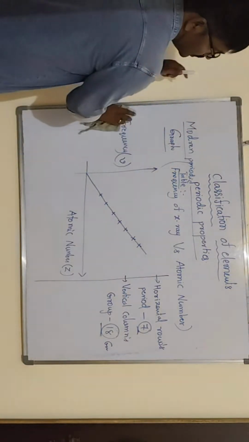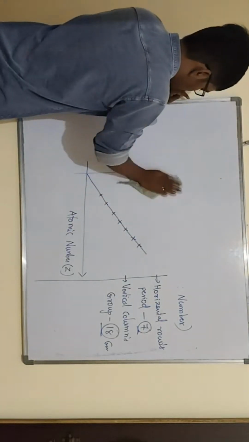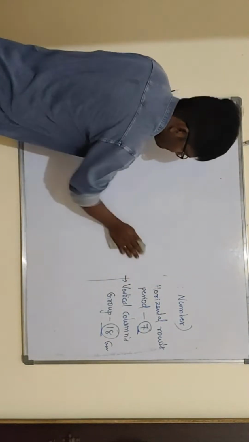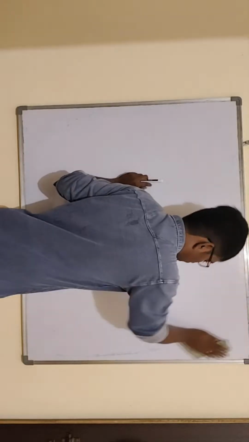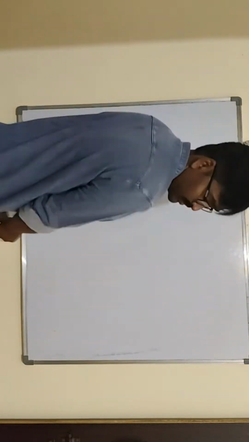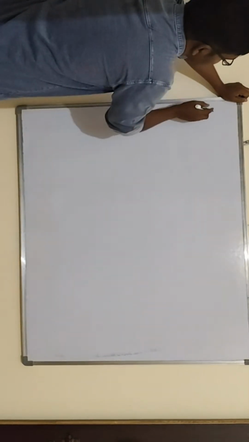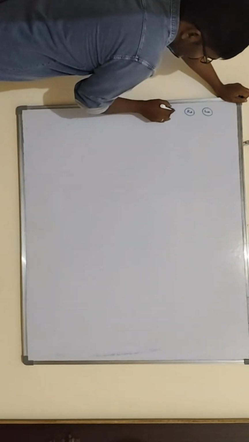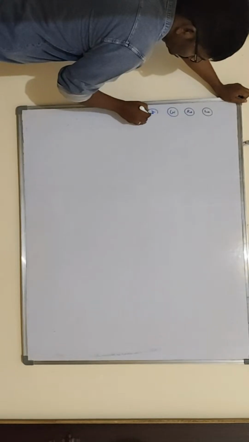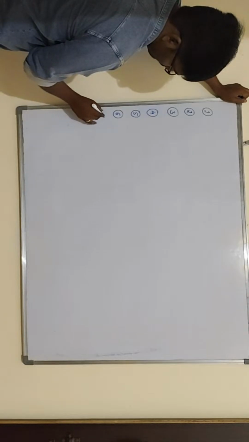So if you take the modern periodic table, see how it is. I told you that 7 periods are present and 18 groups. First period, then the second period, then third, fourth, fifth, then 6th, then 7th period.